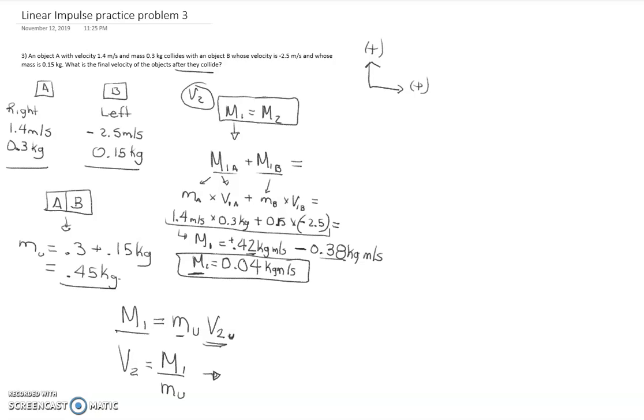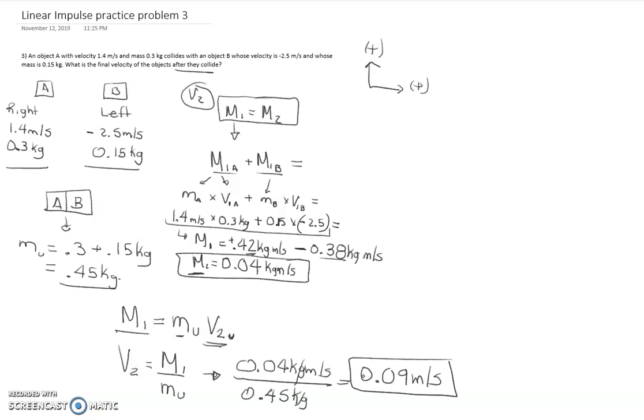So substituting numbers, we're going to have 0.04 kilogram meters per second, divided by the combined mass of the two, 0.45 kilos. And we will end up with 0.09 meters per second. And that's your answer.